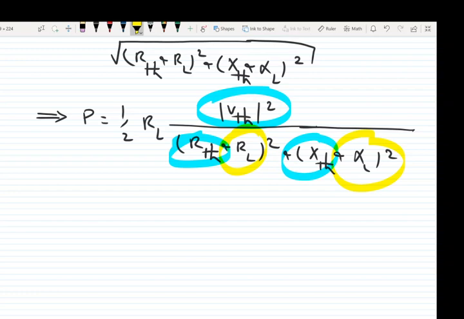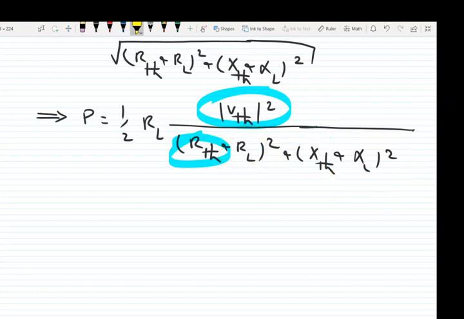Clearly, for every value of RL, the denominator is minimized and the power is maximized when XL is equal to negative X Thevenin.